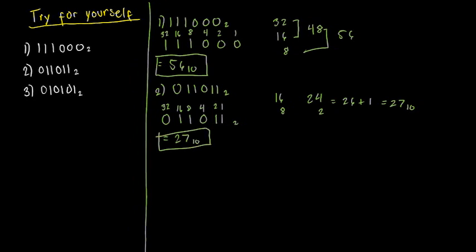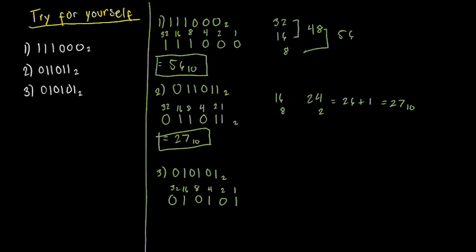So for the last number, we have 0, 1, 0, 1, 0, 1, base 2. So 1, 2, 4, 8, 16, 32.